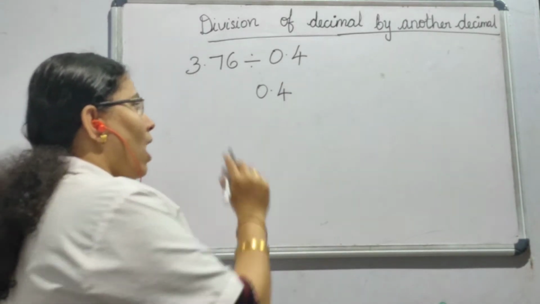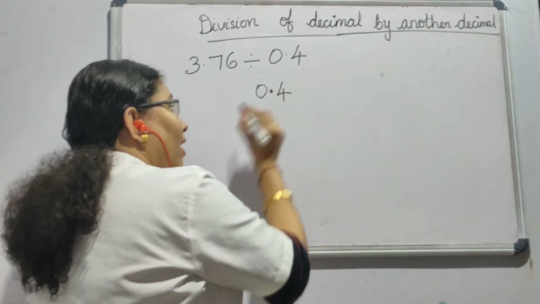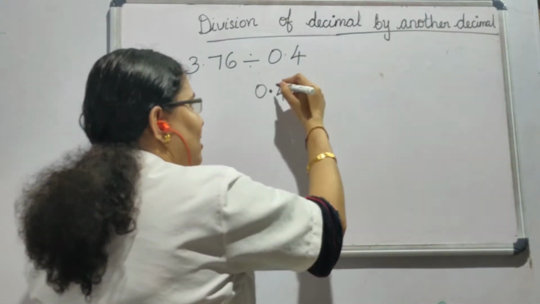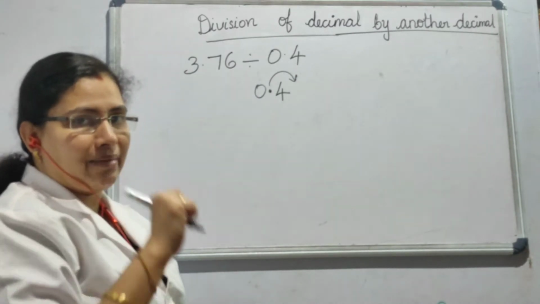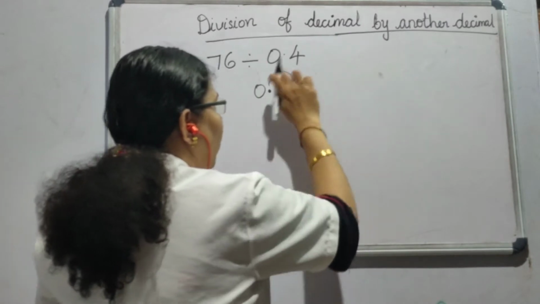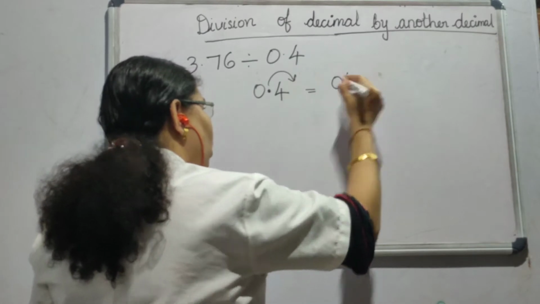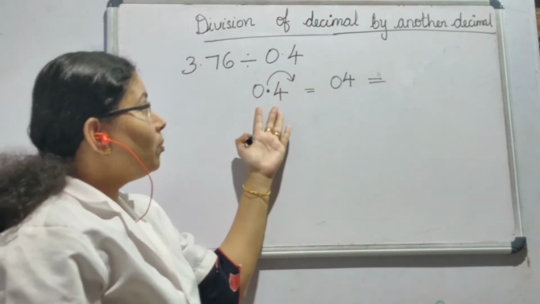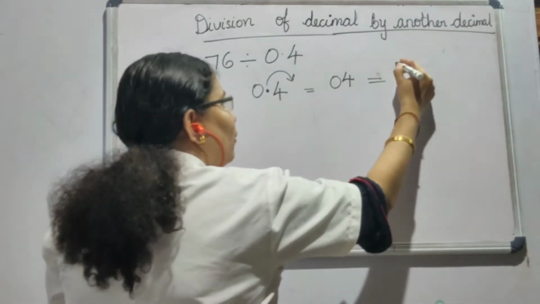Now we have to move the decimal point towards the right, so that we get a whole number here. When we move the decimal point one place towards the right, 0.4 becomes 04, or we can say it is 4.